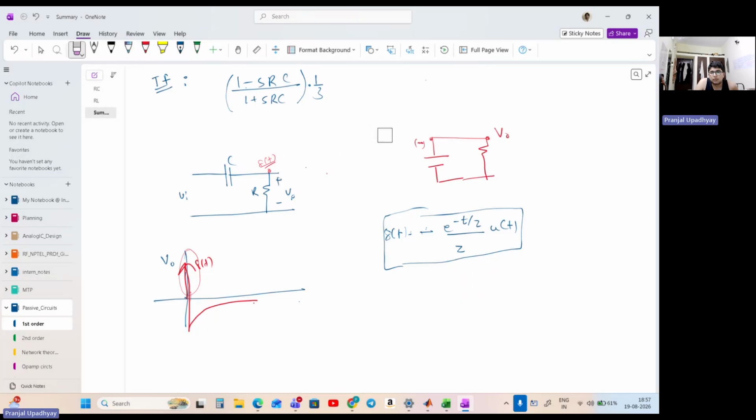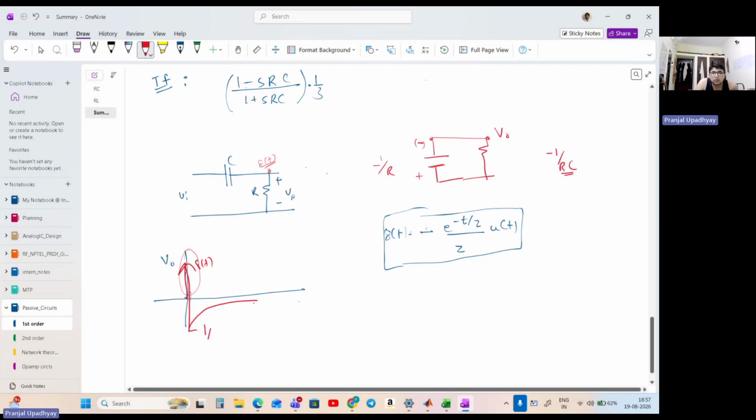So basically 1 by R charge is stored across the plates of this capacitor initially. And what will be the value of the voltage across the capacitor? That will simply be minus 1 by R divided by C, which is 1 by tau, which we can see comes from this term. If we substitute 0 here, it is 1 by tau, right?